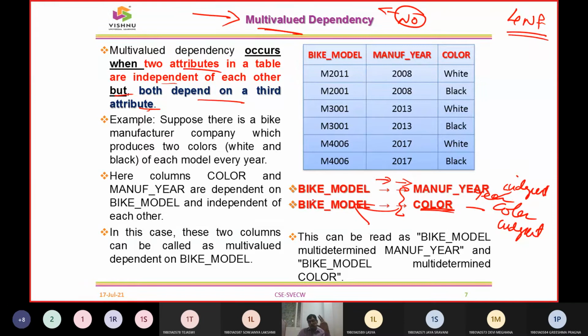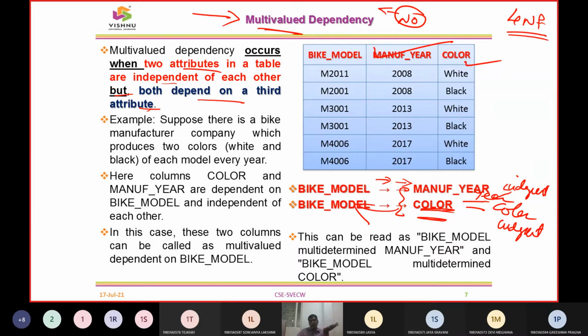So bike model is going to reside over the manufacturing year, or bike model is going to reside over the color. In order to get a bike model, I need to understand when the bike was made, and then I need to understand what the color of the bike was.